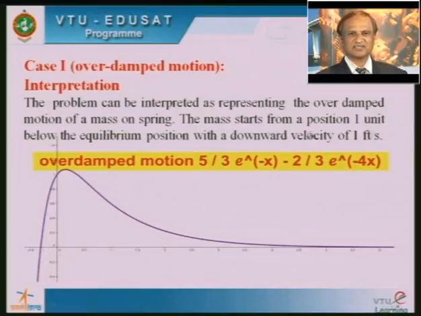The mass starts from a position 1 unit below the equilibrium position, with a downward velocity of 1 feet per second. Finally, as time increases, it reaches the equilibrium position. That is the meaning of the curve.